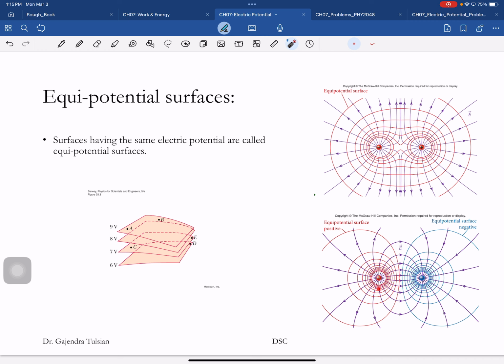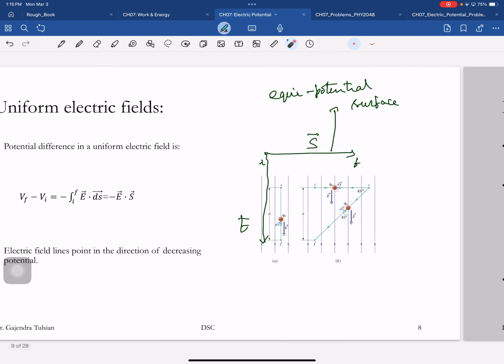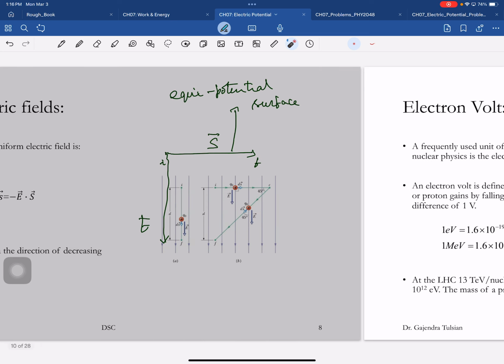And these are equipotential surfaces around the dipole. And you see the electric fields are always perpendicular to the equipotential surfaces. So electric field lines point in the direction of decreasing potential.